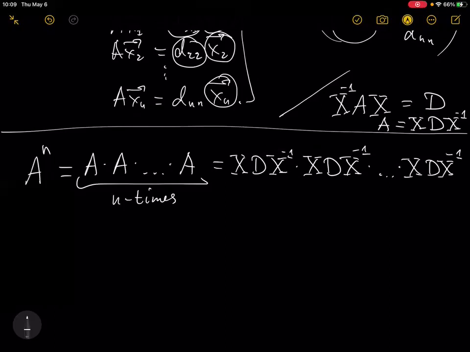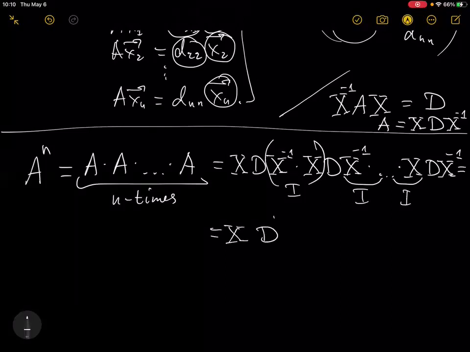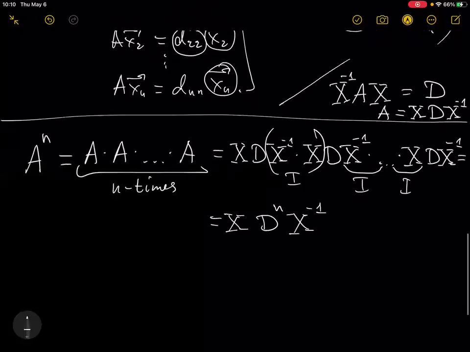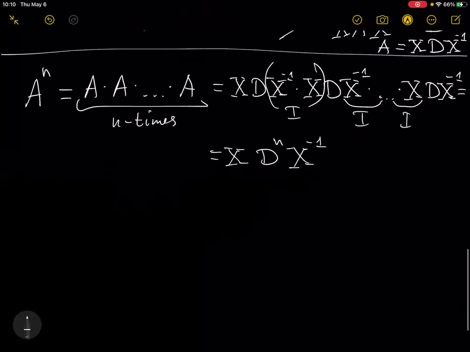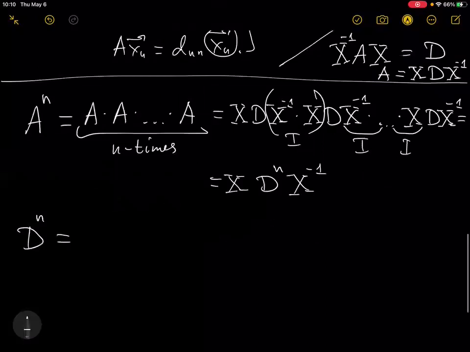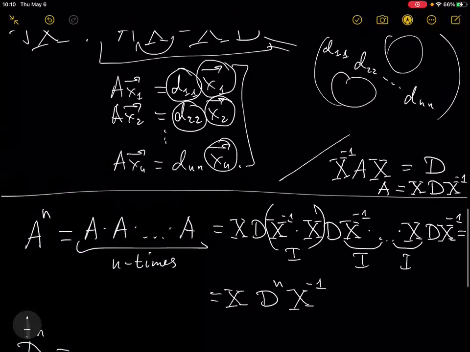like that, right? But have a look. Here, this is an identity matrix. Here, there also will be an identity matrix. And here will also be an identity matrix because it will be X inverse multiplied by X. So the result will be just this. But in order to compute the nth power of a diagonal matrix, when you multiply a diagonal matrix by itself, you can see what happens.